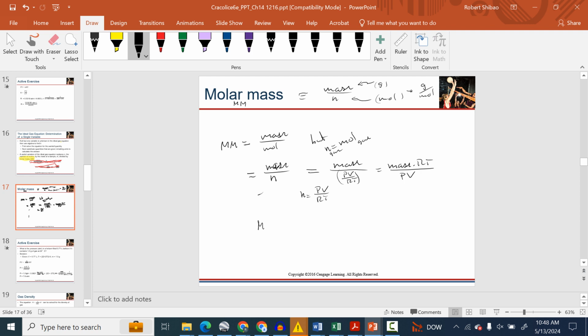And so we come up with this equation: the molar mass is equal to the mass times RT over PV. But this means we have to know a lot more. Rather than just knowing the mass and the number of moles, we have to know the mass, the temperature, the pressure, and the volume. Which we can.